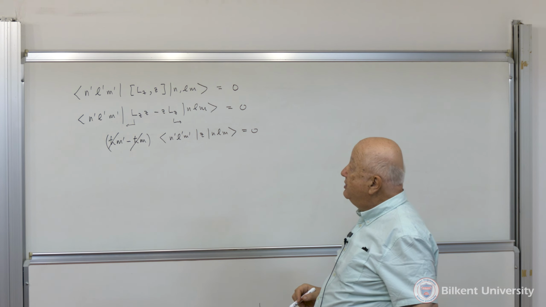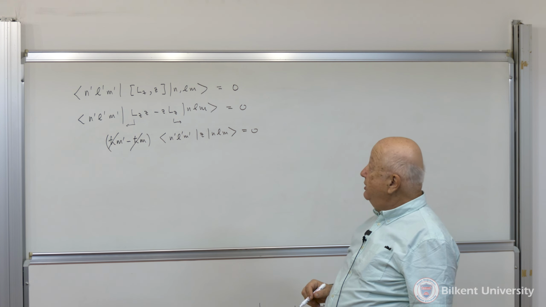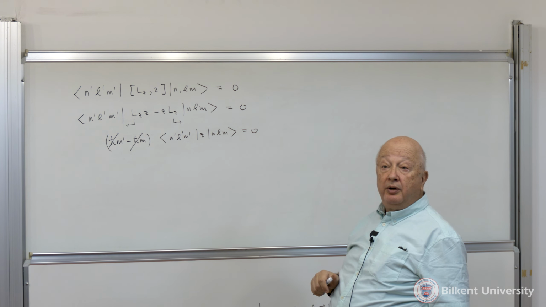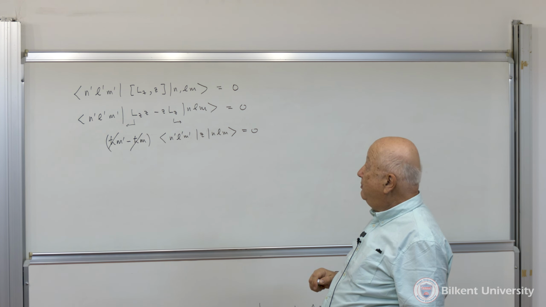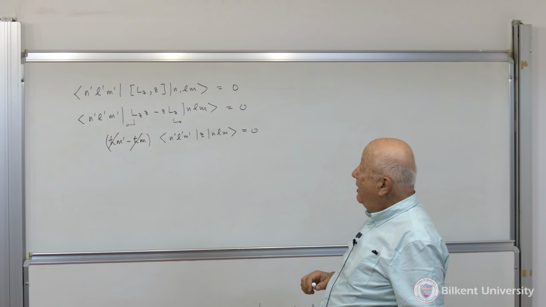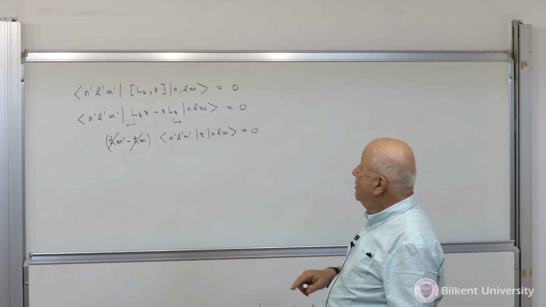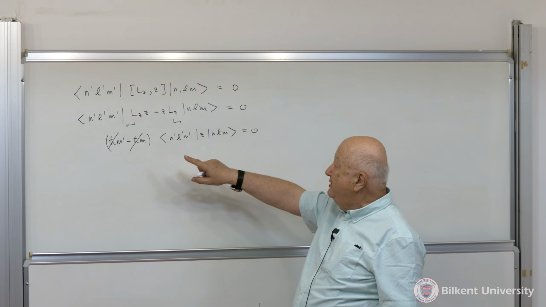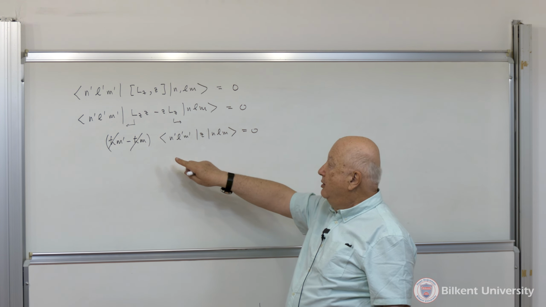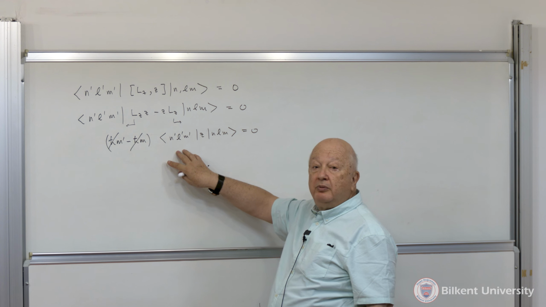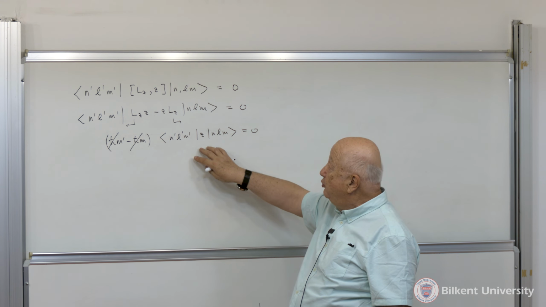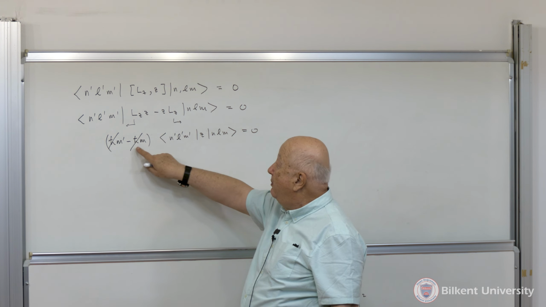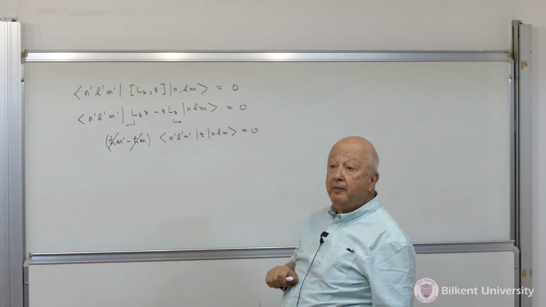So what does this say? This says this has to be 0. And that means if m is not equal to m prime, this has to be 0, right? If m is equal to m prime, then again this could be 0, but certainly for this thing to be non-zero, m must be equal to m prime.